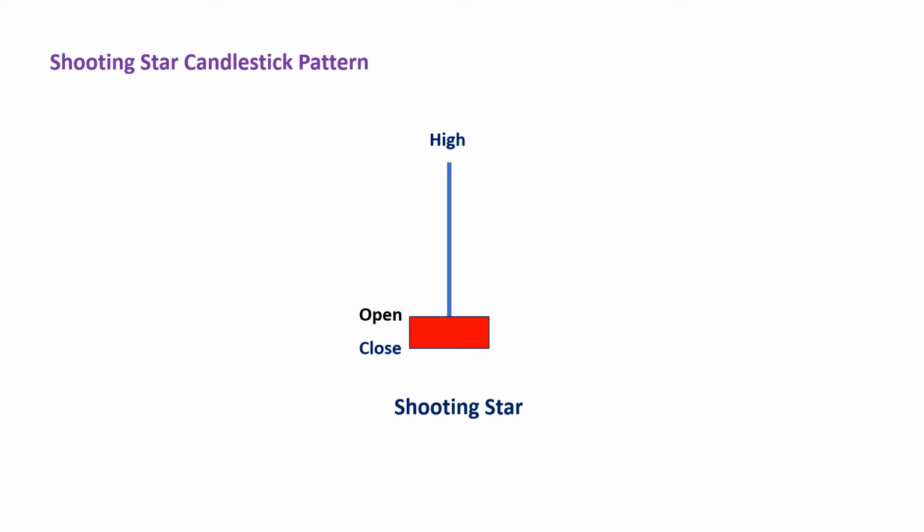The shooting star demonstrates that sellers have entered the market, surpassing the buyers and promoting a decline in price from its highest point. This suggests a potential shift in trend direction towards the downside. Understanding these patterns can yield valuable insight into market sentiment and offer clues about potential price movement.